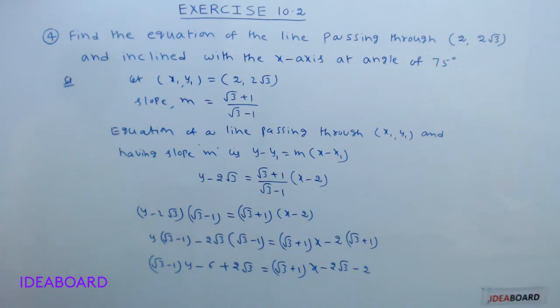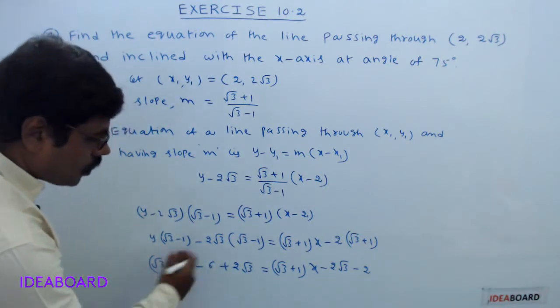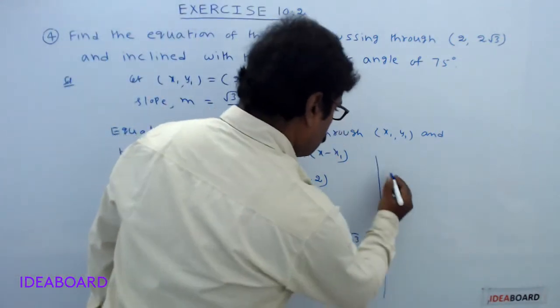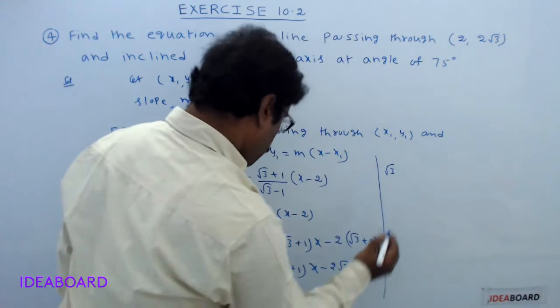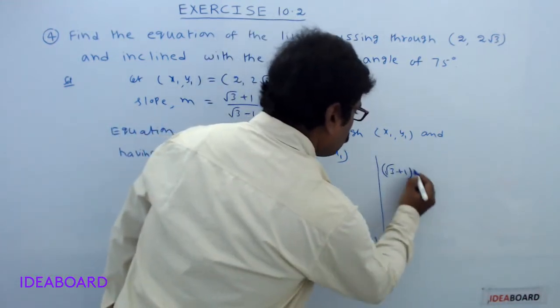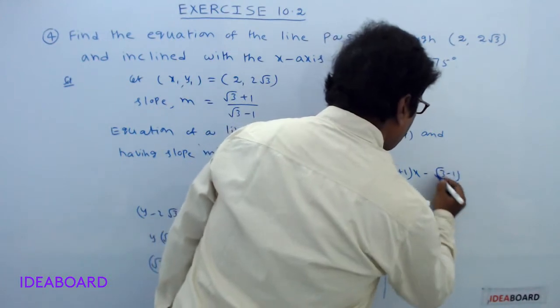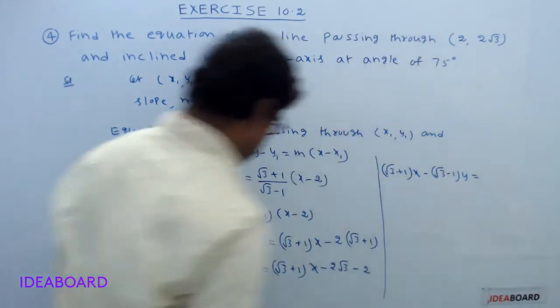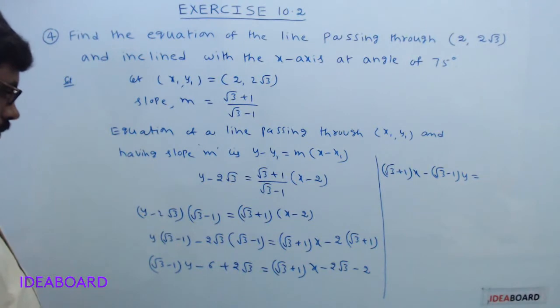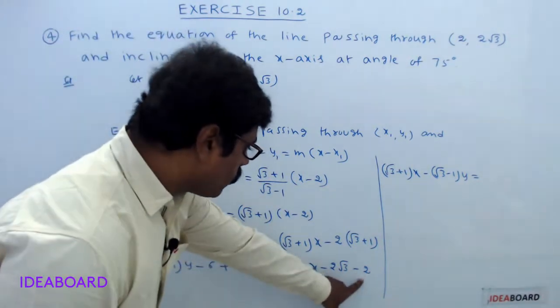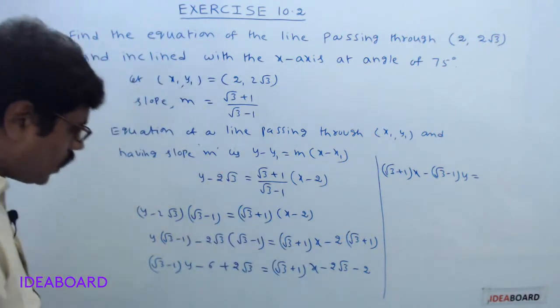Now bring all the terms to one side. So bring this y term from LHS to RHS. So it is (root 3 plus 1) into x minus (root 3 minus 1) into y equals, so bring this minus 2 root 3 and minus 2 from RHS to LHS.